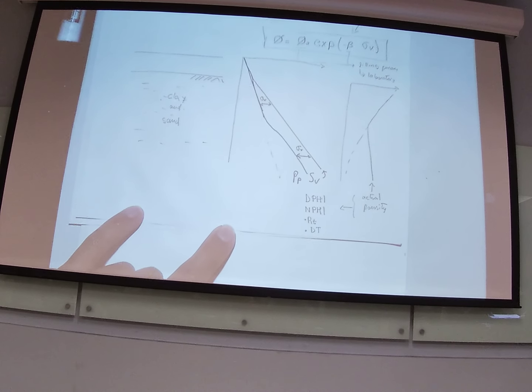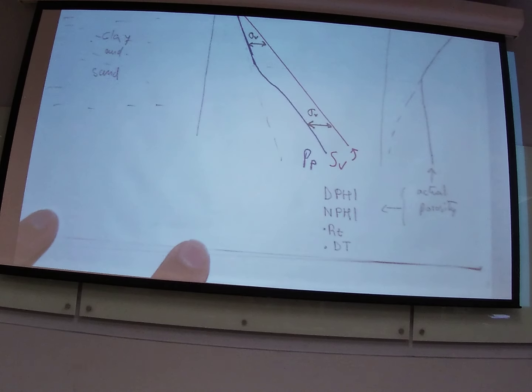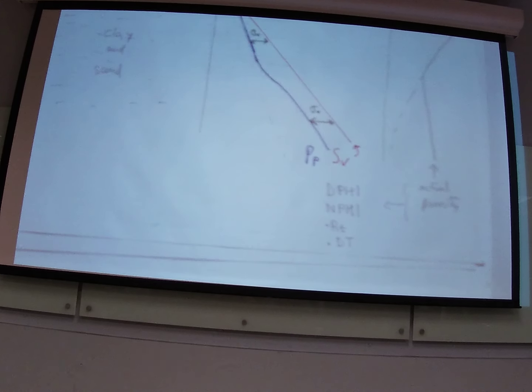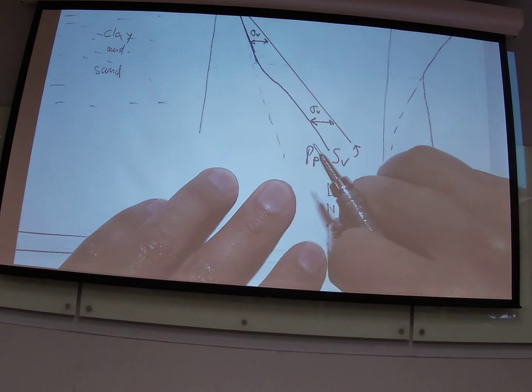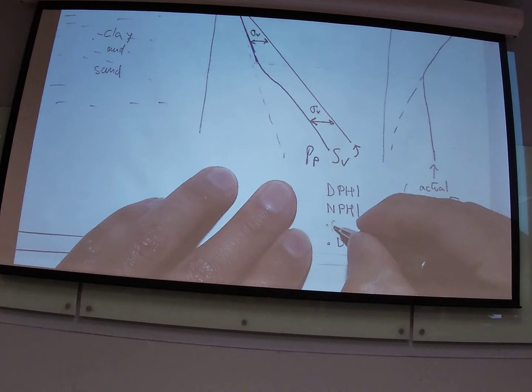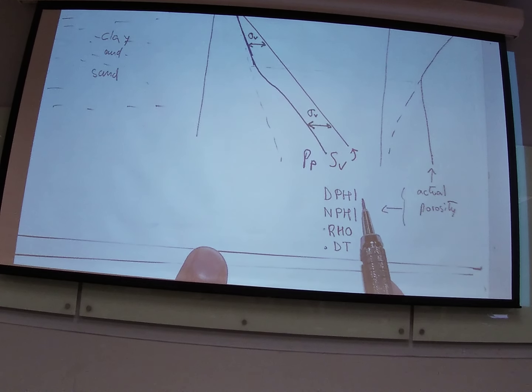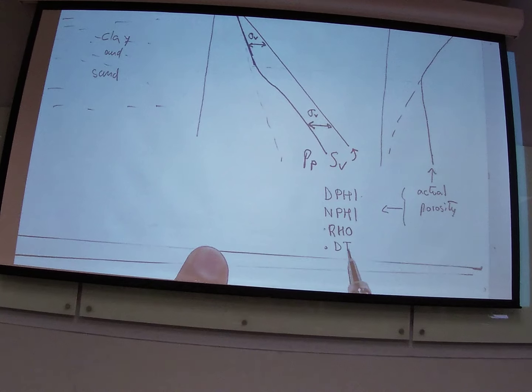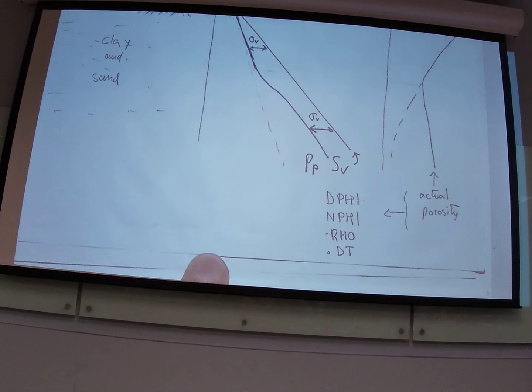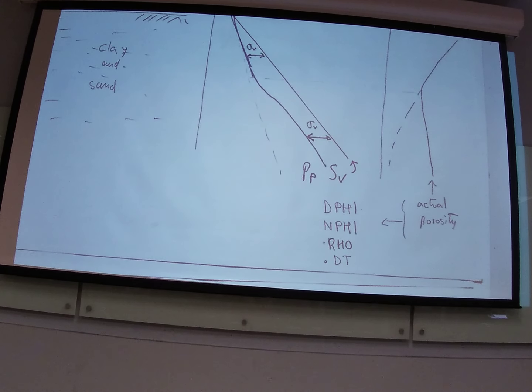These are usually the names, actually, let me change this one. These are the actual names or labels that you will find in well logging files: density porosity, neutron porosity, resistivity, and delta T or travel time. So with all of those, you can calculate porosity.